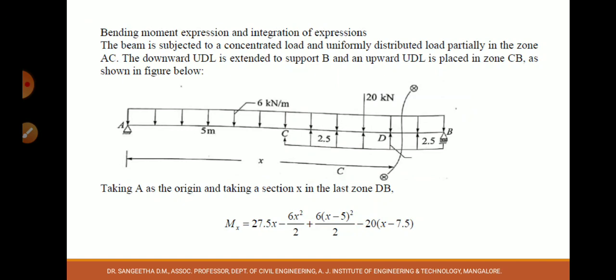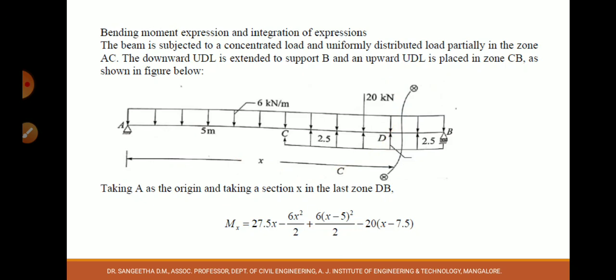So now I am taking moment about the section x. First one is VA, 27.5 into x. Next the UDL, W into L square by 2, 6 into x square by 2, so 6x square by 2. Next there is a point load. Next there is a UDL from the bottommost zone, so that is making clockwise. This is clockwise, and due to this anti-clockwise.